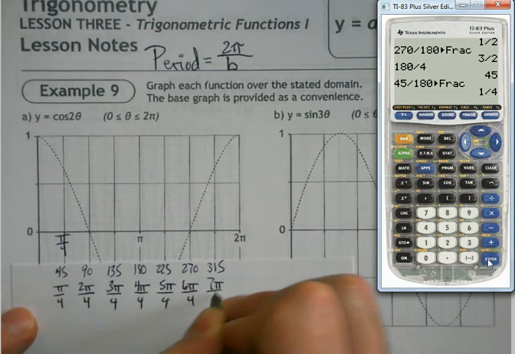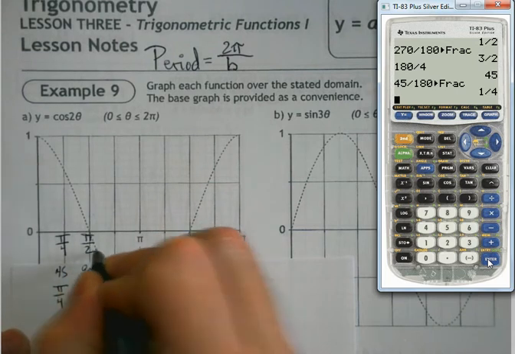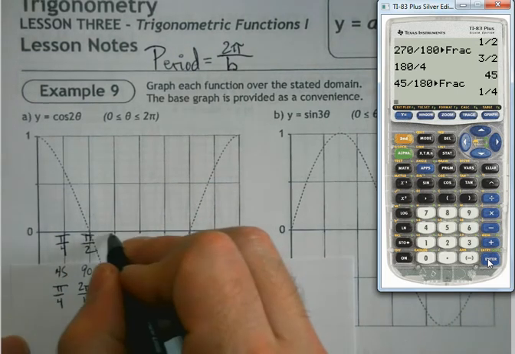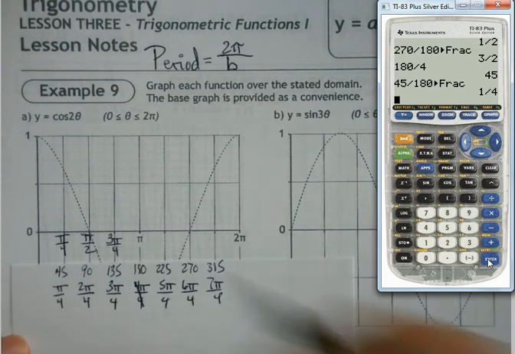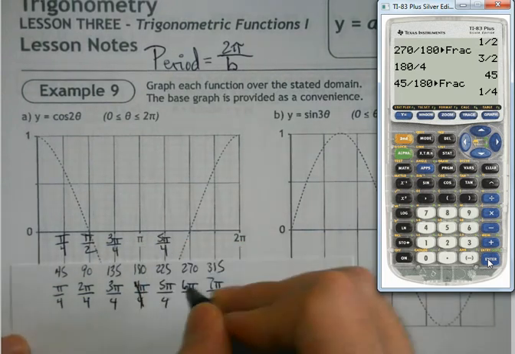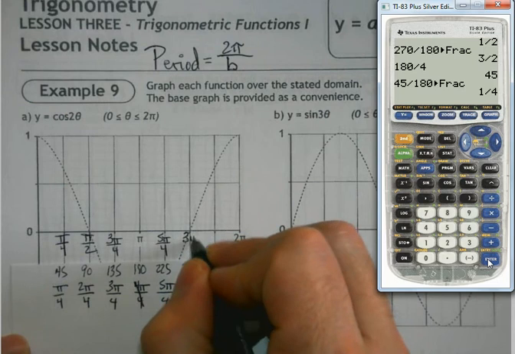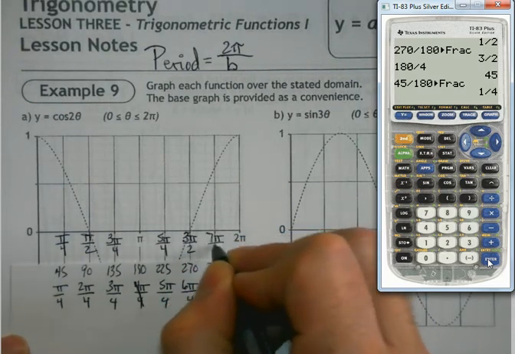So if I just think about it that way, 2 over 4 is a half. 3 over 4 doesn't reduce. 4 over 4 cancels. Okay, that's pi. And again, I think your brain, more times than not, is going to be faster than the calculator is.